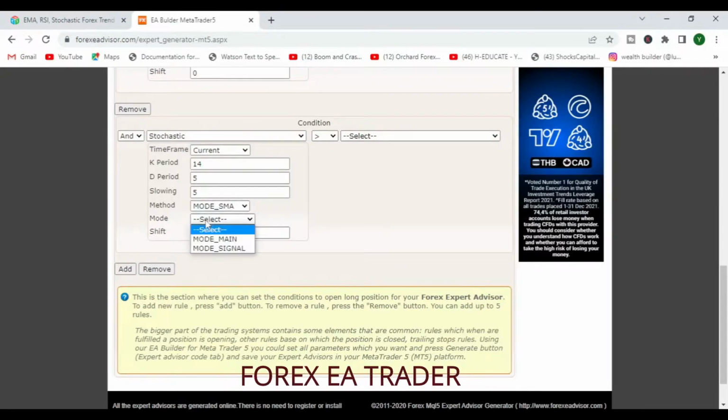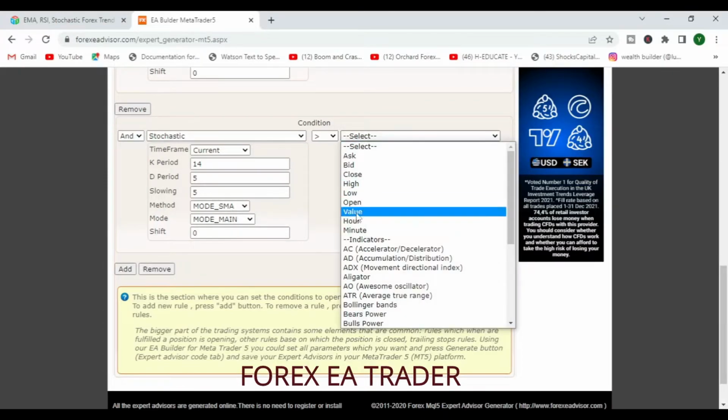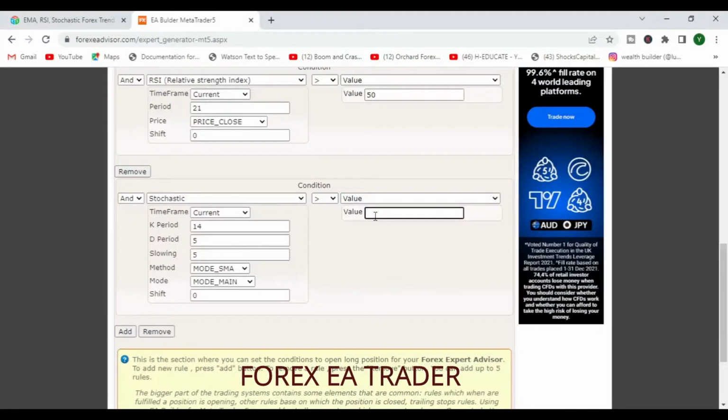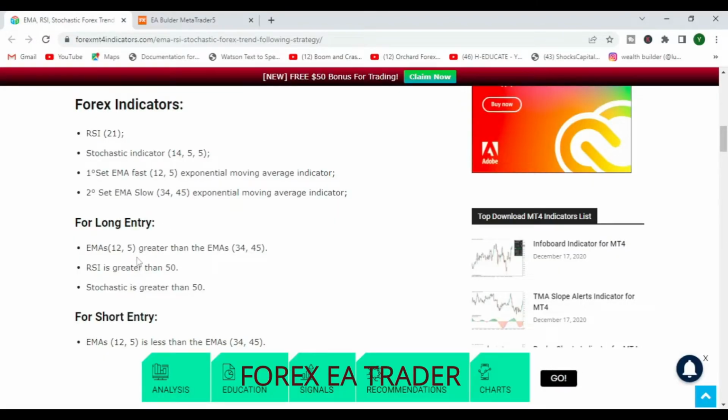Let's use SMA price. The mode, let's just use main. Shift, we're going to keep it at 0. It needs to be above value 50. Basically done our long entry.